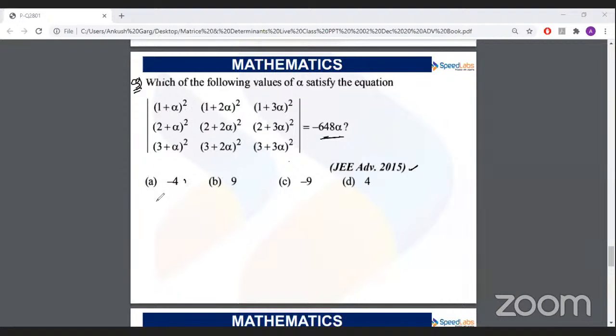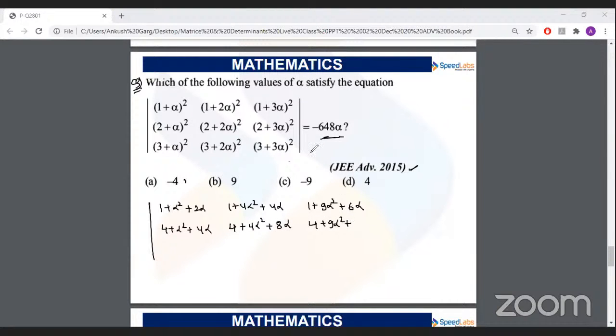Okay. So first let's open this square. So that will be 1 plus alpha square plus 2 alpha, right? Then 1 plus 4 alpha square plus 4 alpha. Guys, correct me if anywhere I do it wrong. Okay, कुछ mistake हो तो बताना है आपको. Alright, I hope this is correct. Then here you will have 4 plus alpha square plus 4 alpha. 4 plus 4 alpha square plus 8 alpha. 4 plus 9 alpha square plus 12 alpha, right?